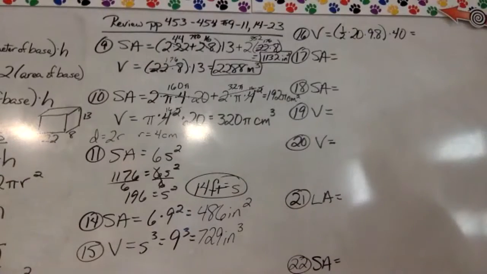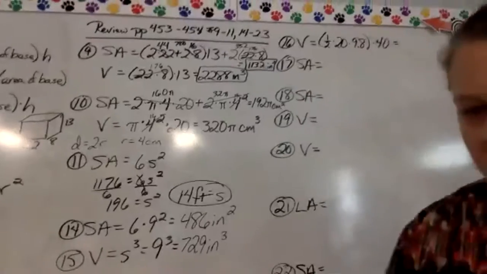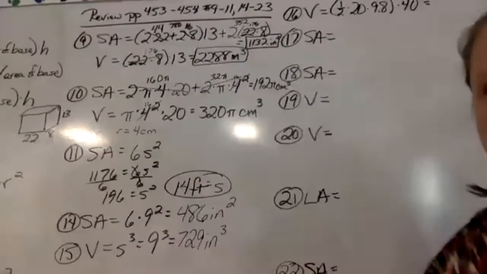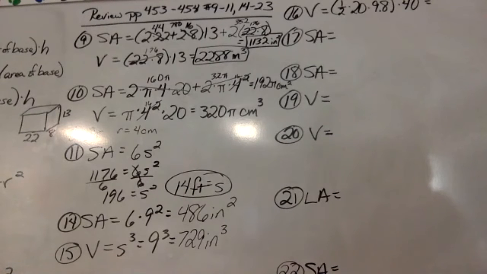Okay. Now, for 16, you had to do a little bit more work. You have 1/2 times 20 times 9.8 times 40. So what'd y'all get for that one?